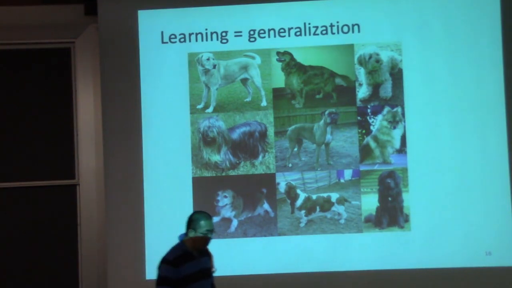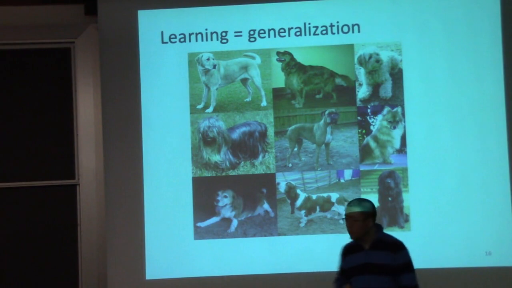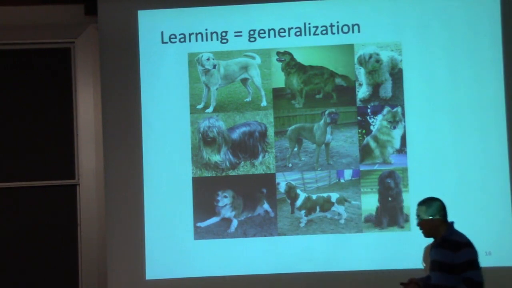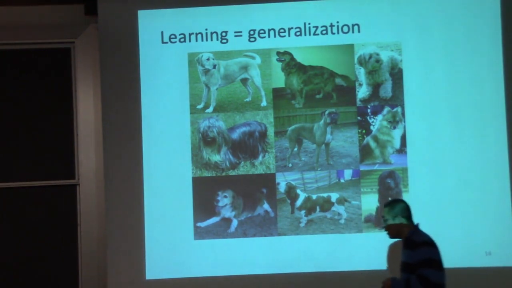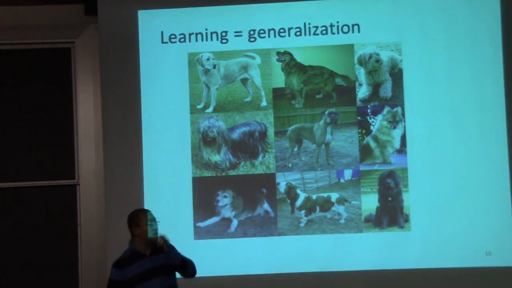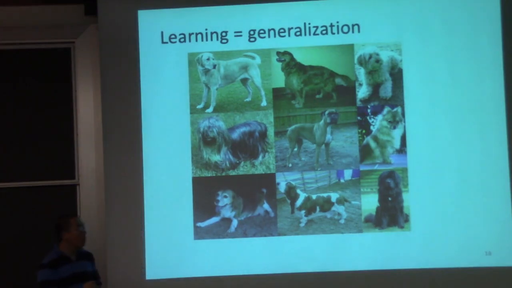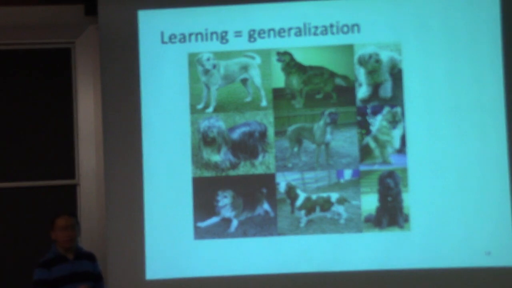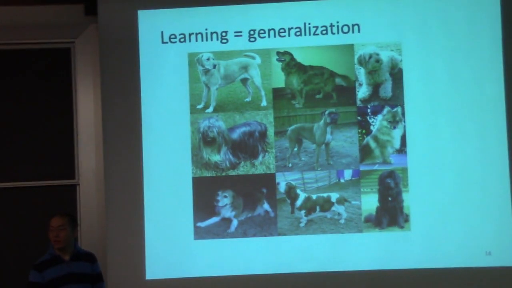So here, we want to explain machine learning as a process to gain the ability to generalize. Here is another example. Suppose my task is to identify the dogs in pictures. So here are our training examples.